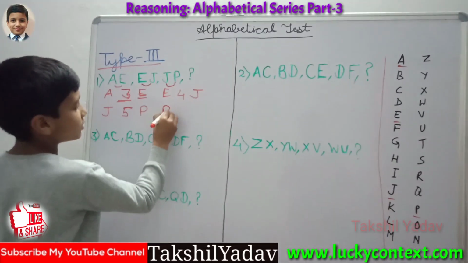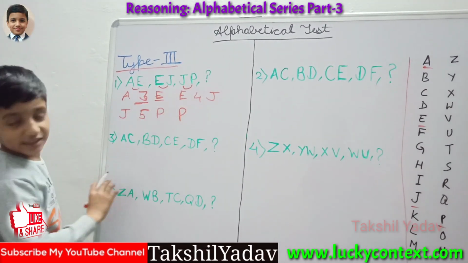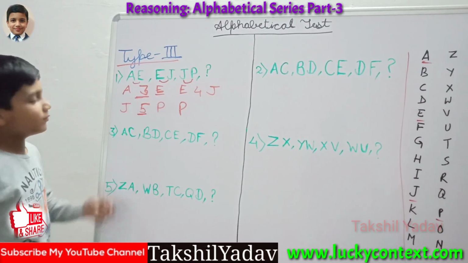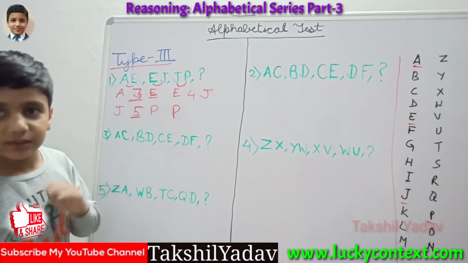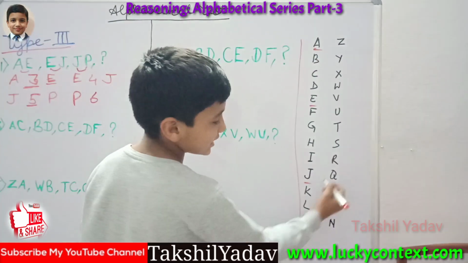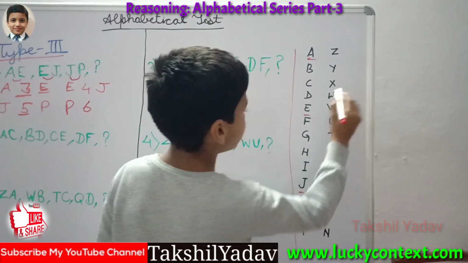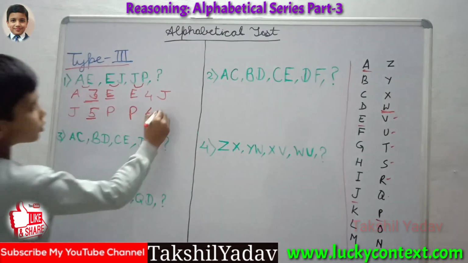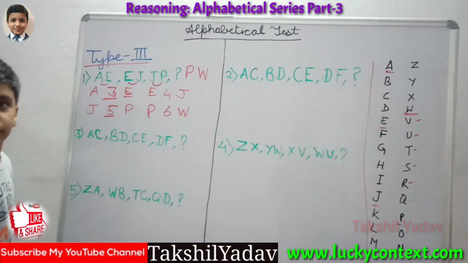So our pair will start with P. And the gap of letters is increasing constantly by 1. So here the number of letters between them was 5, so the number of letters between the 2 letters will be 6. So here we go with 6 letters that are Q, R, S, T, U and V. So our answer will be W. So the next pair will be PW.